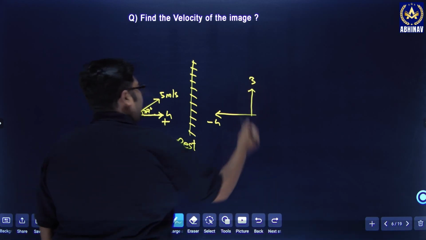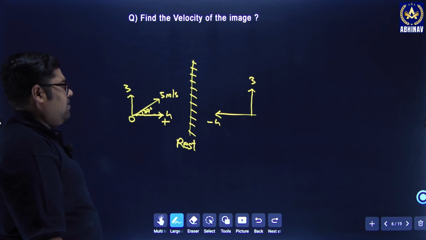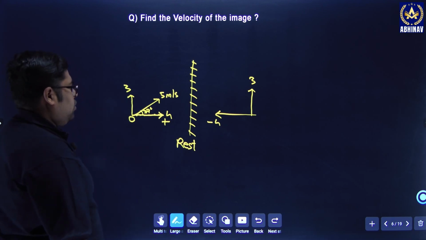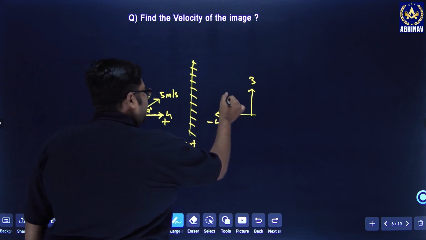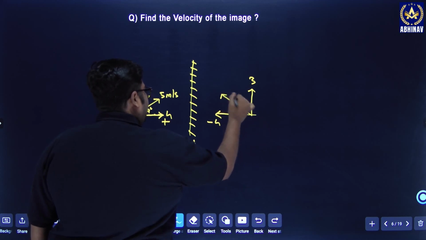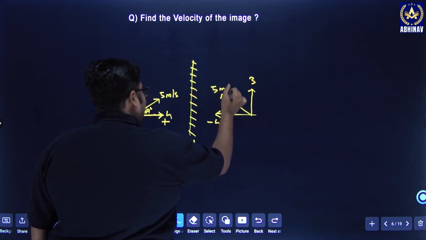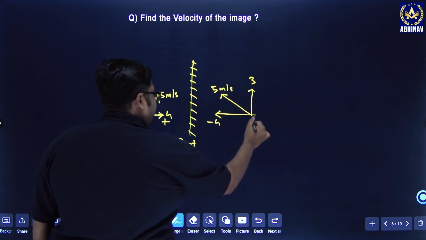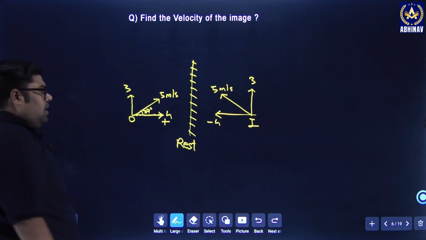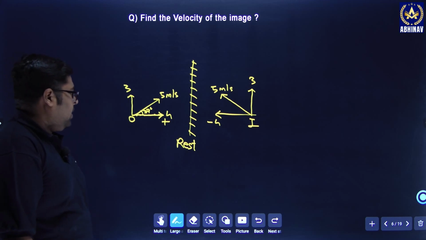The y component is going to remain the same as it was. Also, the magnitude of the velocity of the image will not be affected. It will remain the same. So that is your image. That is how the image will appear to you, right?